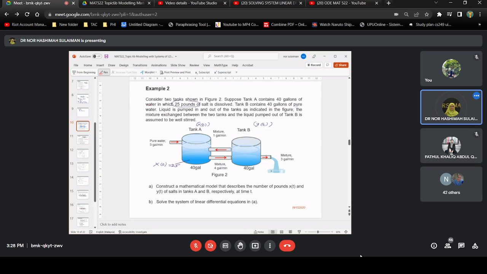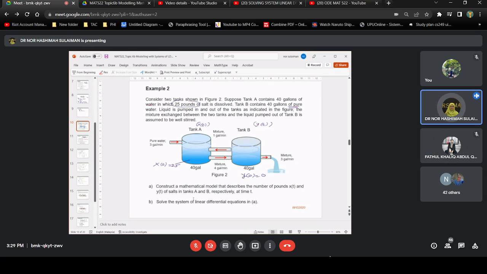Dia kata tank B contains 40 gallons of pure water. Bila pure water, what can you say about the initial amount of salt in tank B? Zero lah kan? Betul.